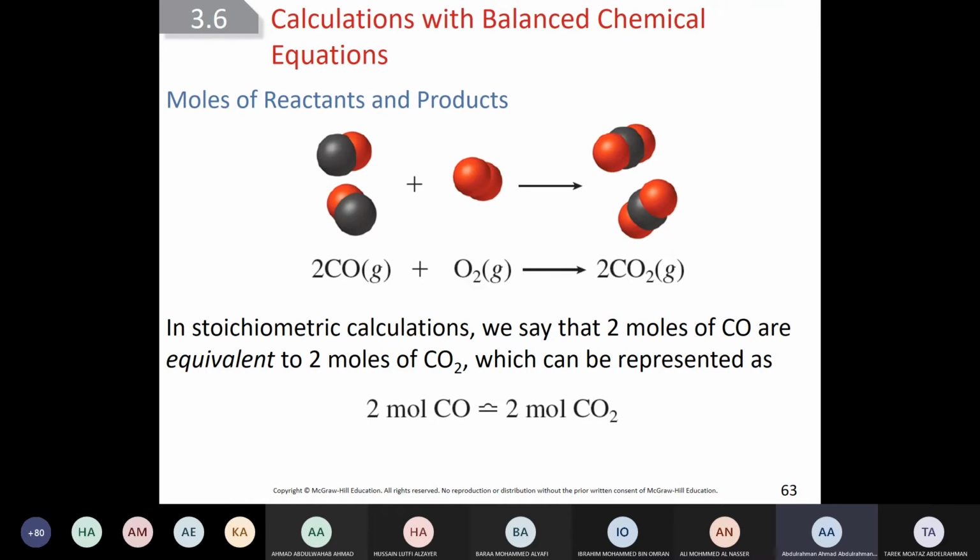I can very easily say that 1 mole of CO reacts with what? Half a mole of oxygen, or I can say 1 mole of O2 reacts with 2 mole of CO to give you 2 mole of CO2. Is this clear? Yes. Okay.